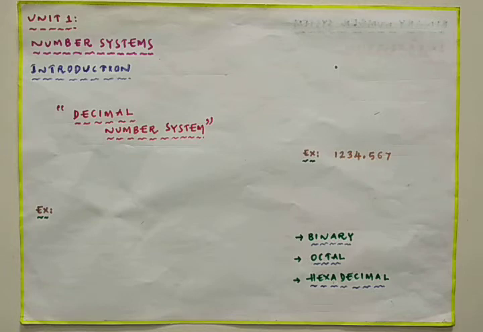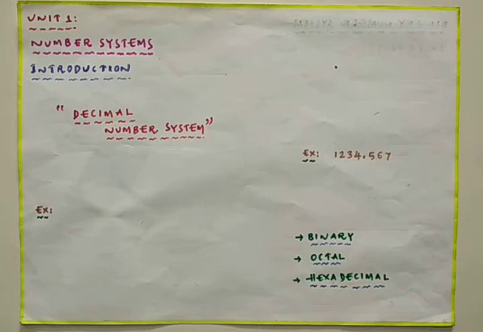So we begin our study of the number system with the familiar decimal number system. The decimal number system contains 10 unique symbols, which are 0, 1, 2, 3, 4, 5, 6, 7, 8 and 9. The next number in the decimal number system is 10, which is a combination of 1 and 0.